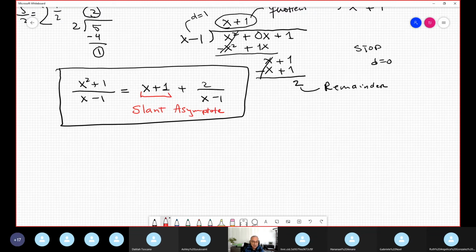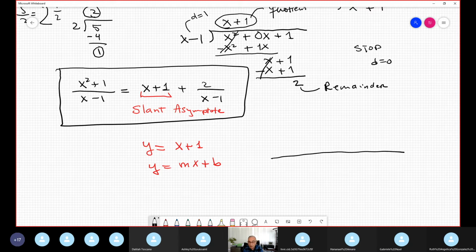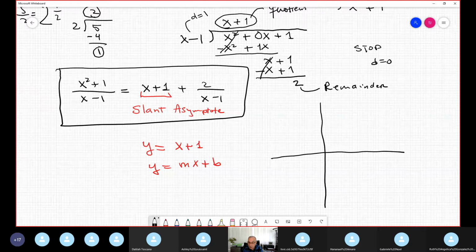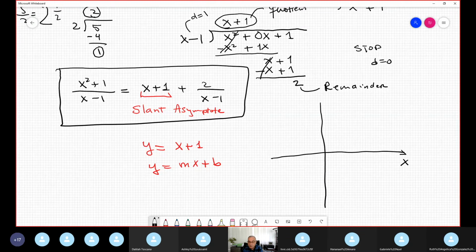Okay, so the slant asymptote, the formula is y equals x plus 1. I see that it's a line, no? Because I know that the equation for a line is mx plus b, no? So when you are doing the graph by hand or in Desmos, we have b equal 1 in our specific example.